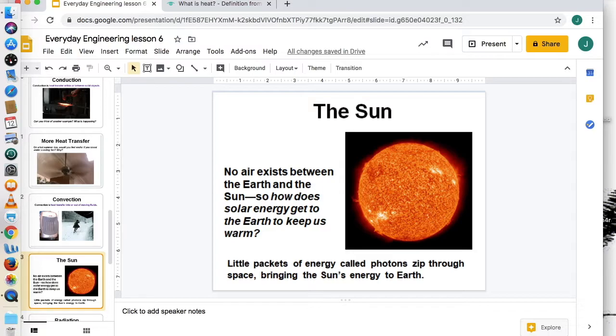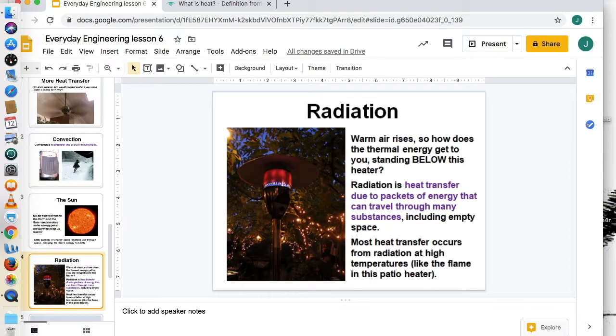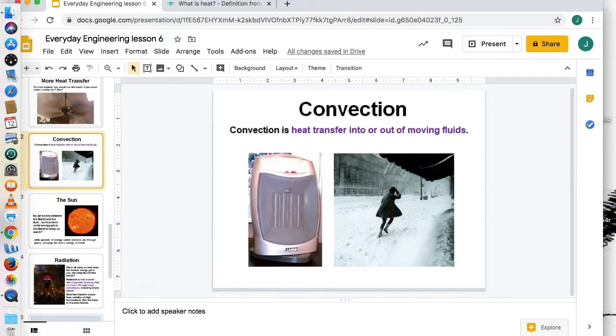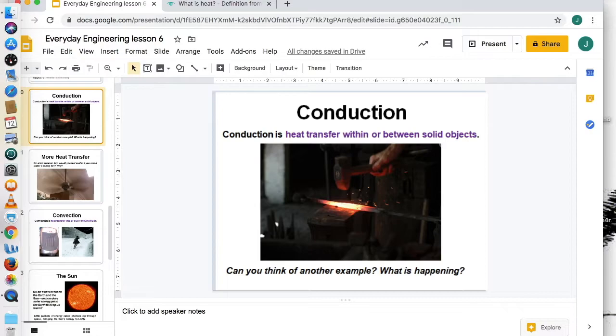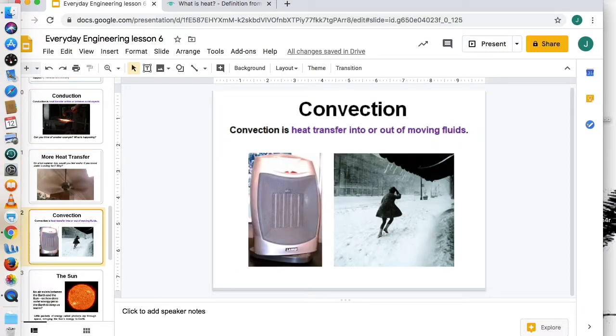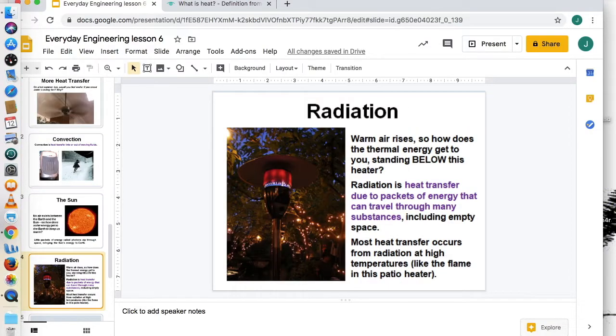The answer is little packets of energy called photons zip through space, bringing sun energy to the earth, keeping us all warm and alive. Radiation, it's warm air. So if you see conduction's about solids, convection is all about fluids.